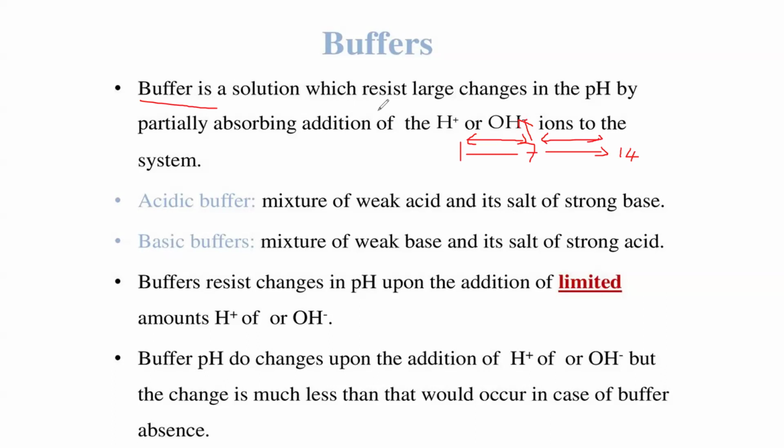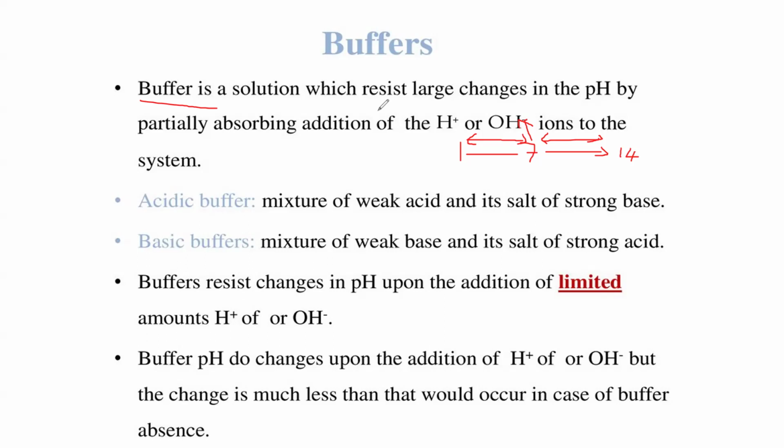Because, for example, in our biological systems, all our biological systems have their specific pH value. Like in the mouth, we have a pH of 7.4. And in the stomach, we have a pH of around 2.